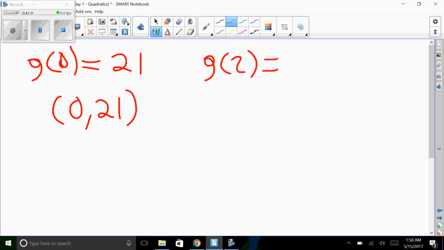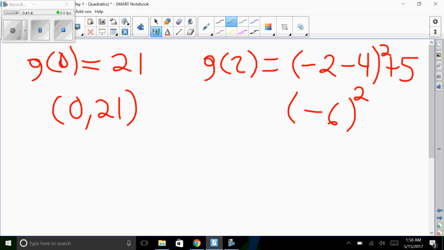So that is, negative is part of the formula, so I'll plug that in there. And that becomes negative 6 squared plus 5. That's 36 plus 5. And that becomes 41.